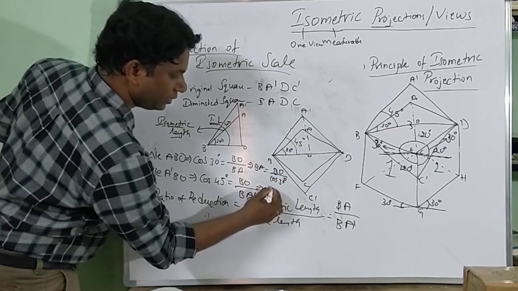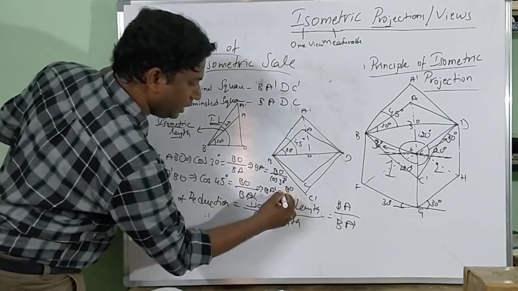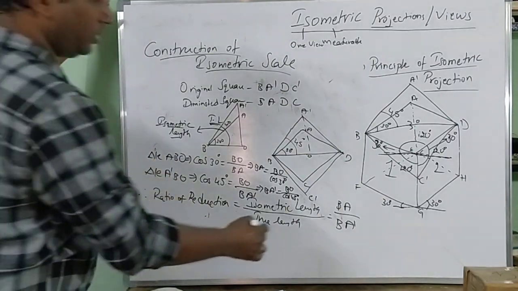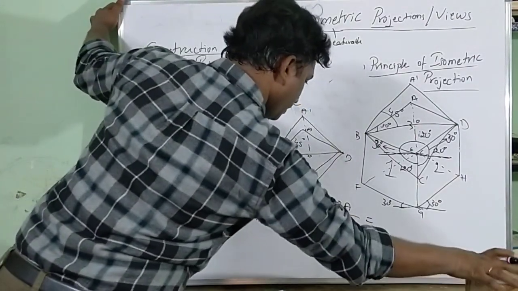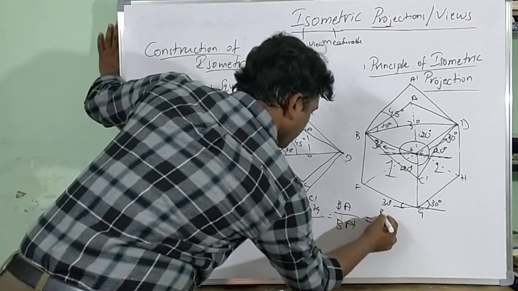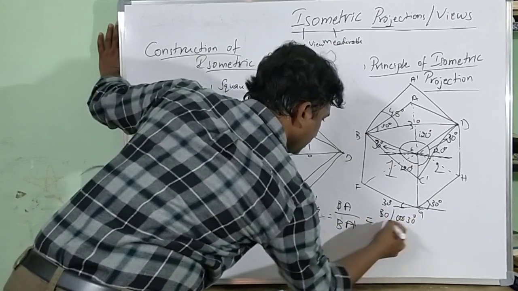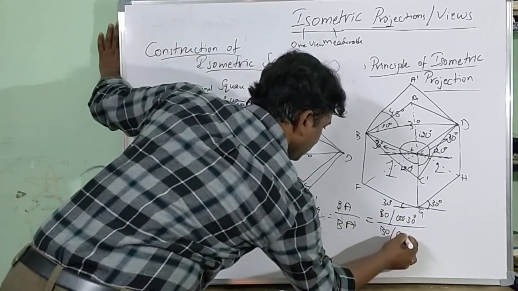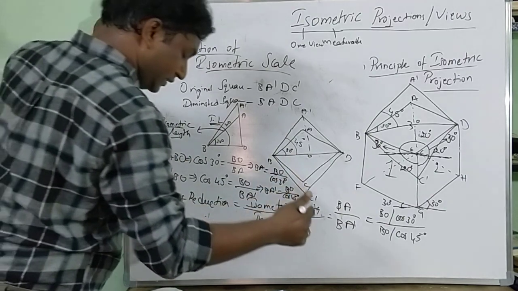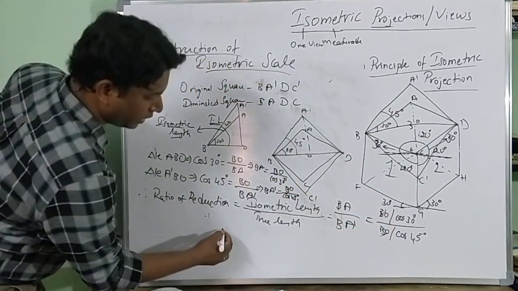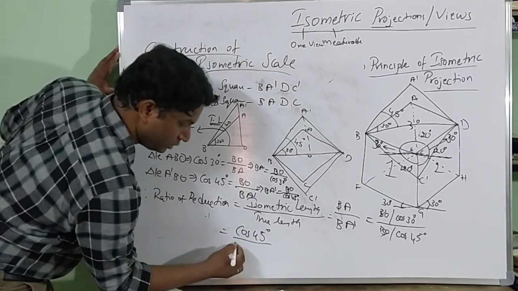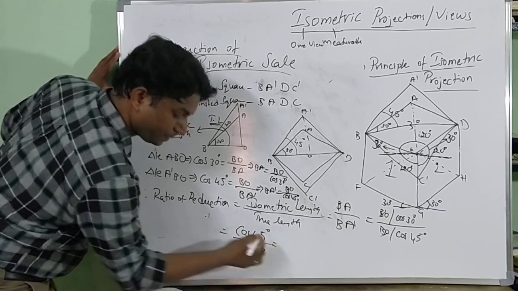From here I can write BA dash equals BO by cos 45. So finally, BA equals BO by cos 30, and here it is BO by cos 45. So simply, when BO by BO gets cancelled, you can write directly cos 45 by cos 30.